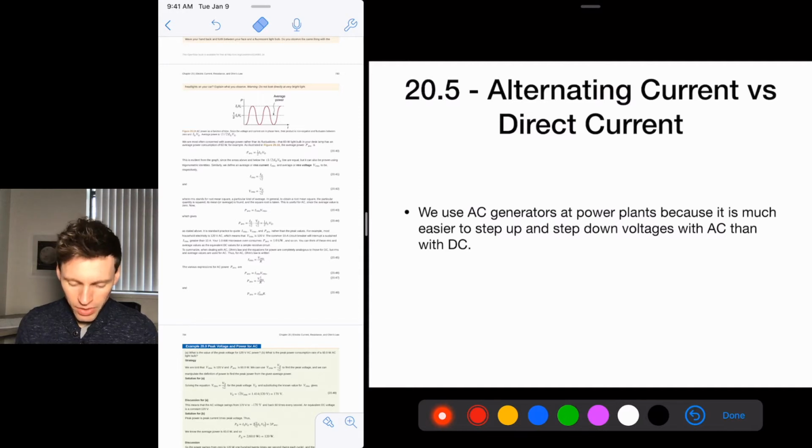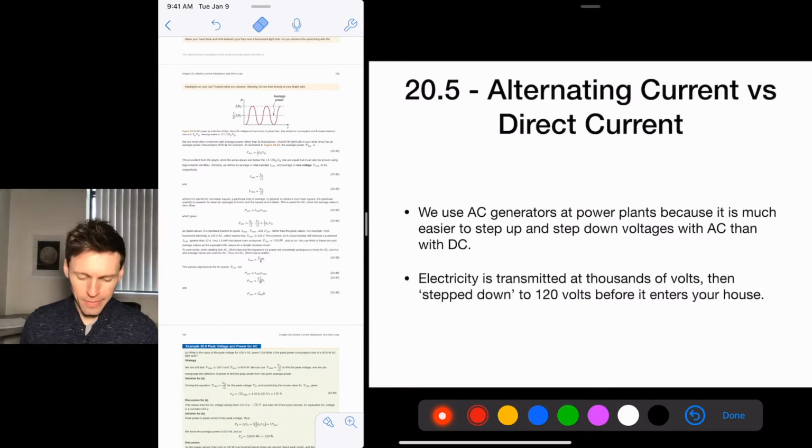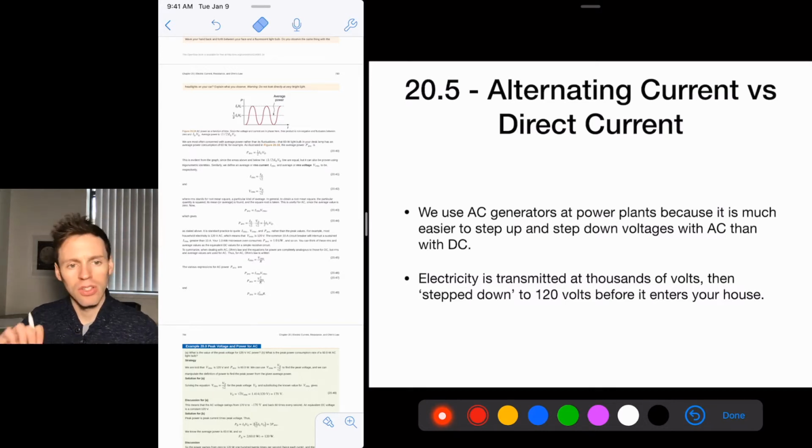We use AC generators at power plants because it is much easier to step up and step down voltages with AC than DC. That's why we use AC. For example, you transmit power at tens of thousands, hundreds of thousands of volts and low current, and when it gets to your house, you convert it into 120 volts.